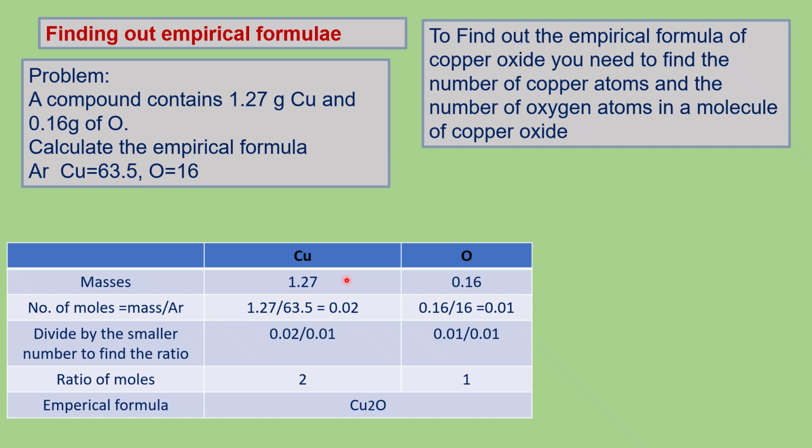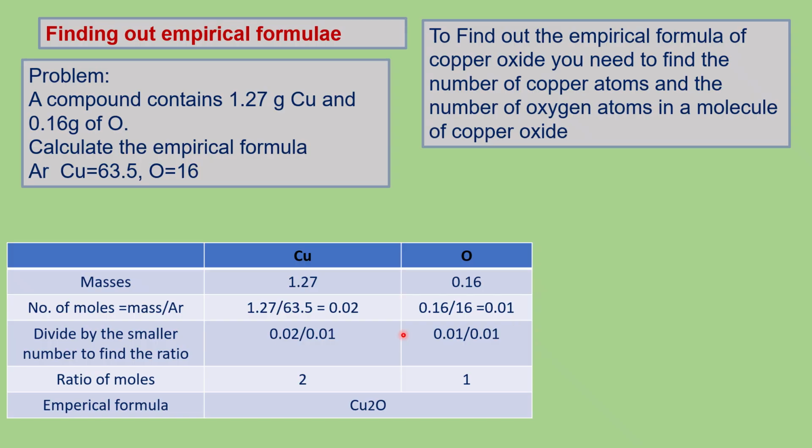So it is 1.27 divided by 63.5 given in the problem. And for oxygen, we divide the mass by 16. The answer for copper is 0.02. And for oxygen, it is 0.01.